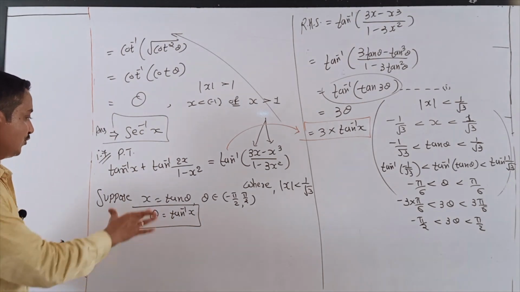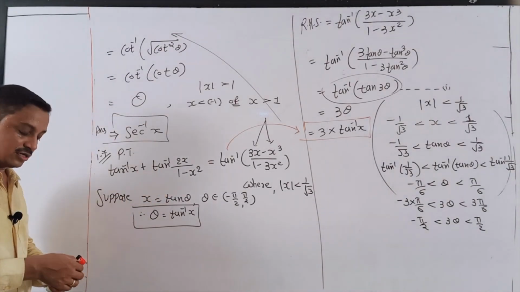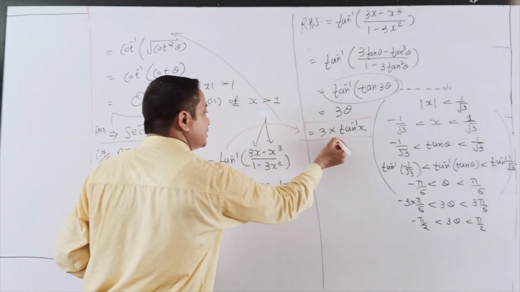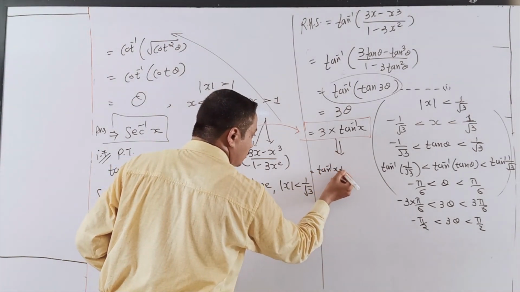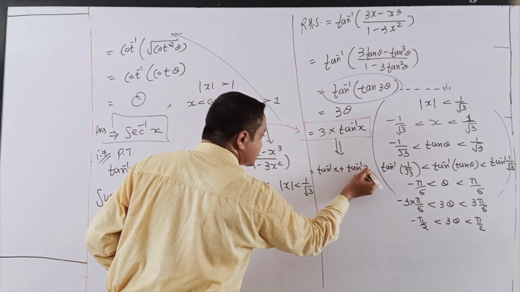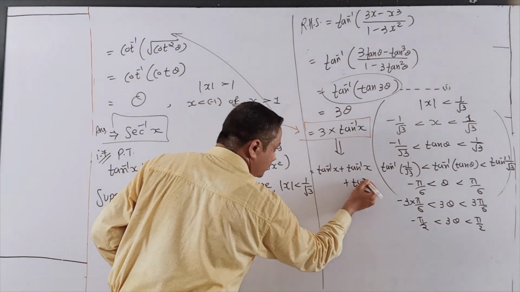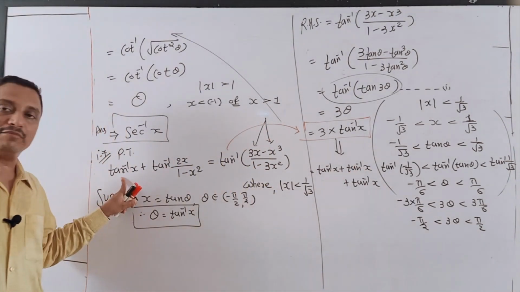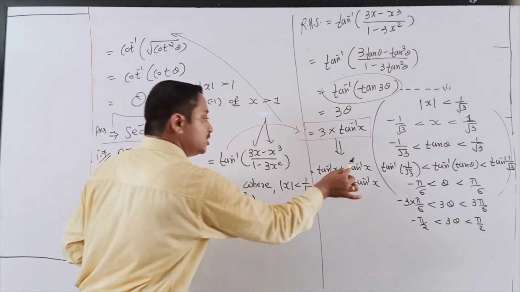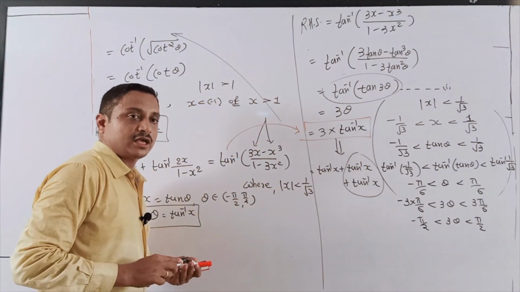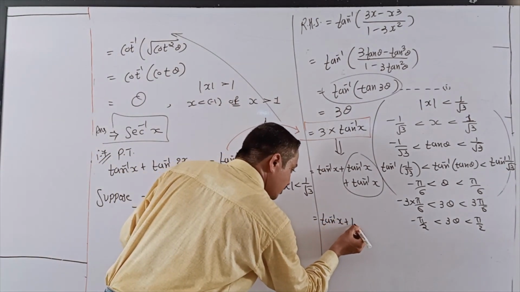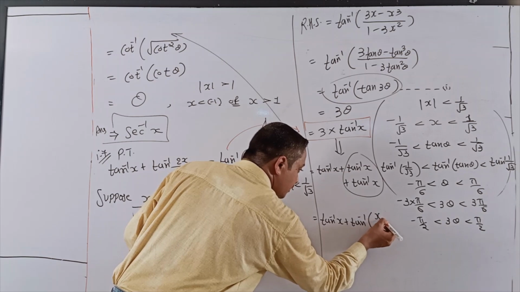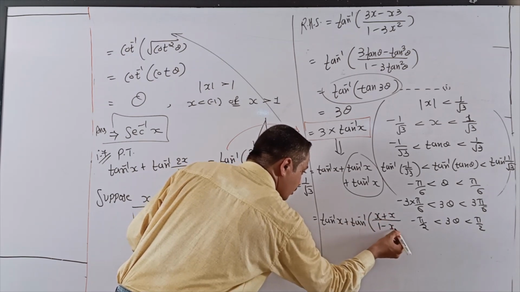Okay, but I will go further because my question is continuous. So here I write 1 time tan inverse x plus 1 time tan inverse x plus 1 time tan inverse x, because I want 1 time tan inverse x and the other two together. These two are joined and I apply the property: tan inverse of x plus x upon 1 minus x into x.